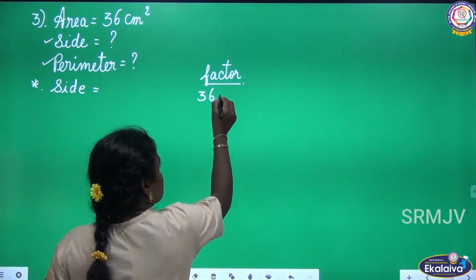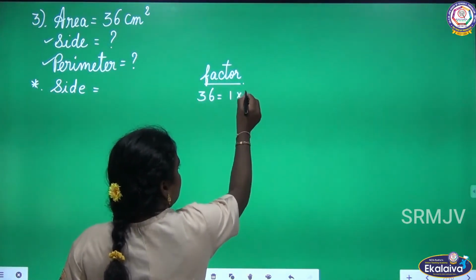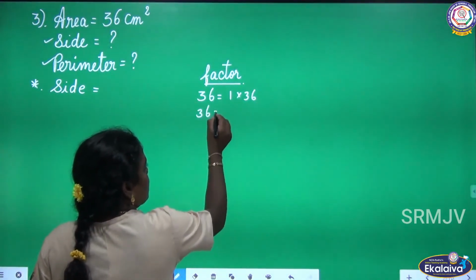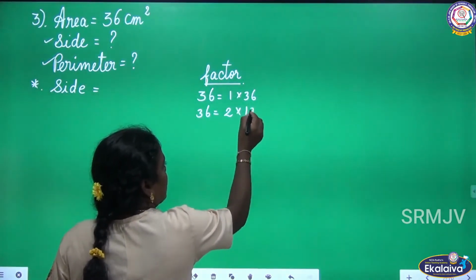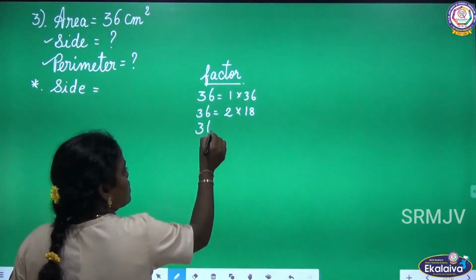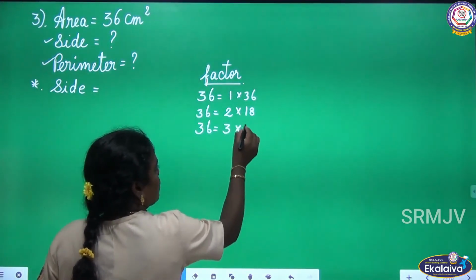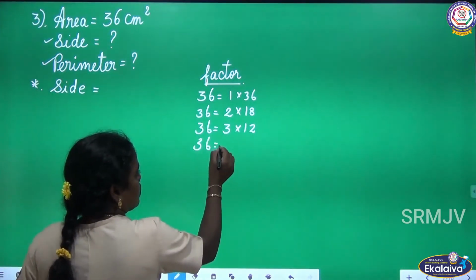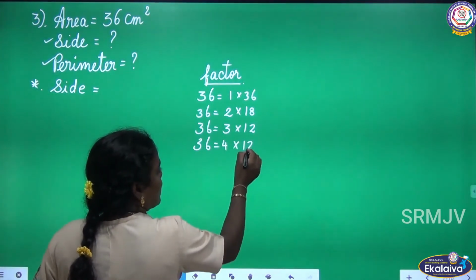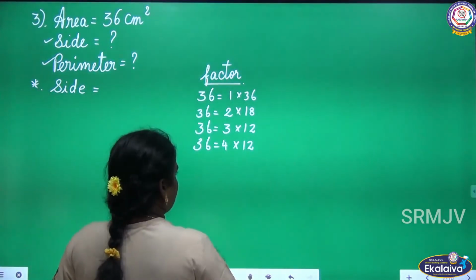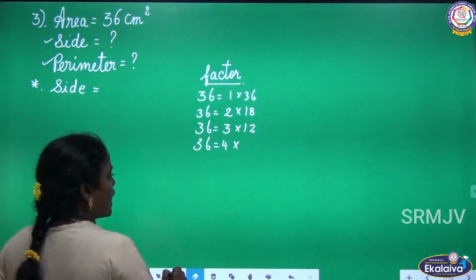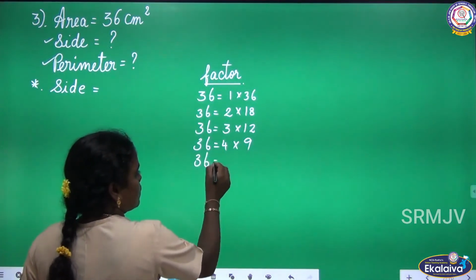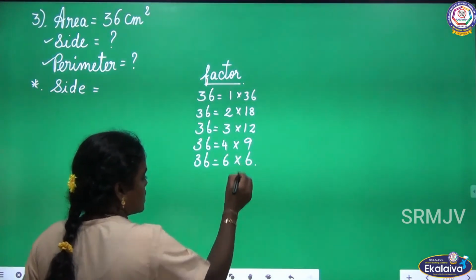We can get 36 in the 1 times table, it is 1 into 36, 2 times 18, 3 times 12, 4 times 9, and then in the 6th table 6 6s are 36.